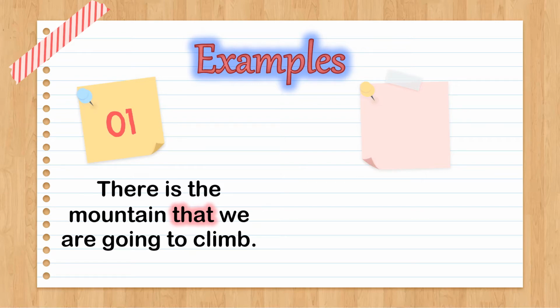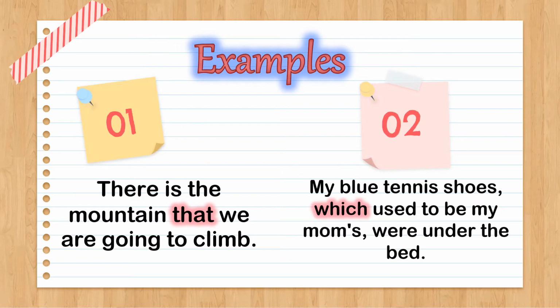So you have "that", which connects the clause "we are going to climb" with the antecedent mountain. It also answers the question: which one? Which mountain? That one that we are going to climb.